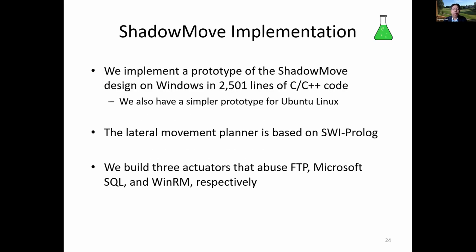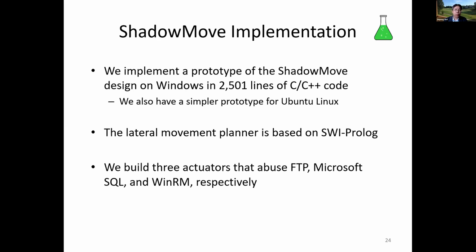Okay, so we implemented this idea, the ShadowMove architecture, in more than 2,000 lines of C++ code on the latest Windows 10, and we also have a prototype for Ubuntu. The lateral movement planner is based on SWI-Prolog, so we use Prolog for the logical programming part.